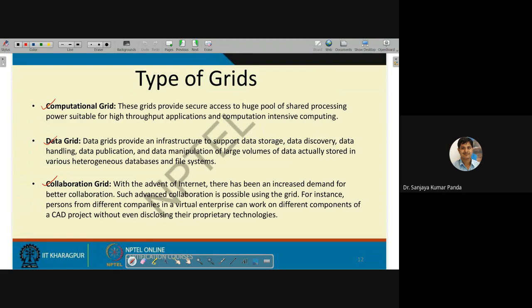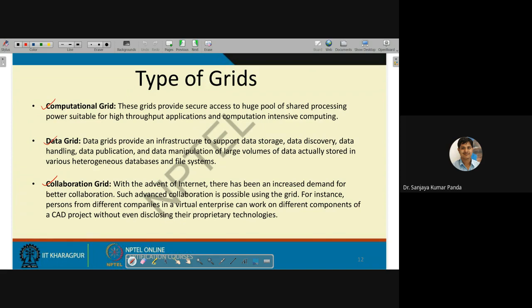One advantage is that whatever underlying or proprietary technologies you use in each branch of your multinational company, you need not disclose them. Collaboration does not mean you reveal everything; you disclose only the minimum. With respect to the technology, you do not disclose it, and still you can collaborate and complete the work.